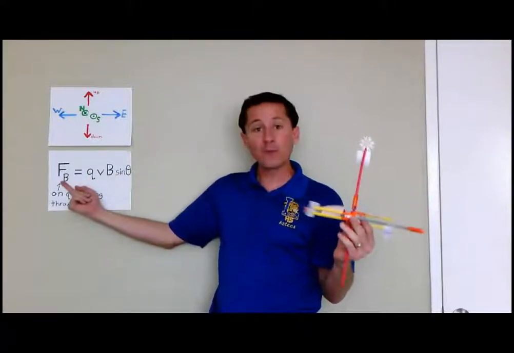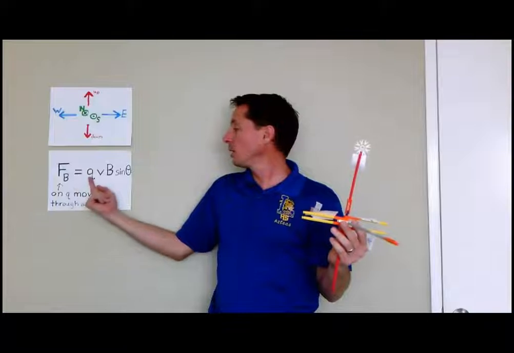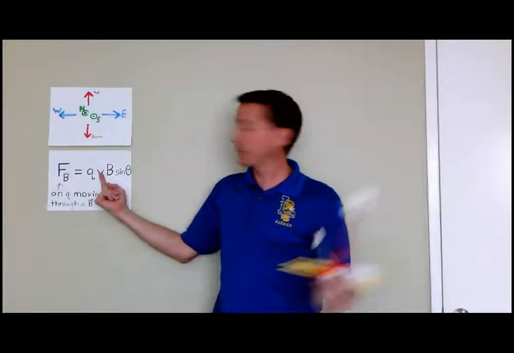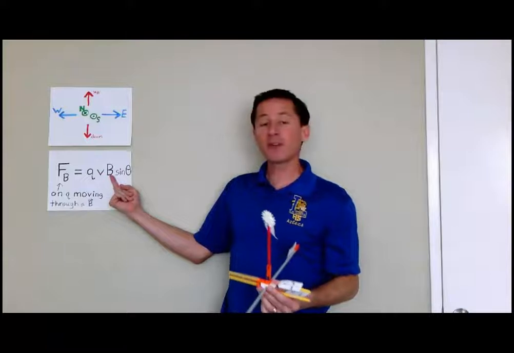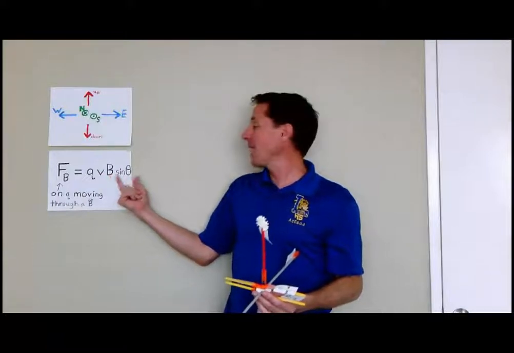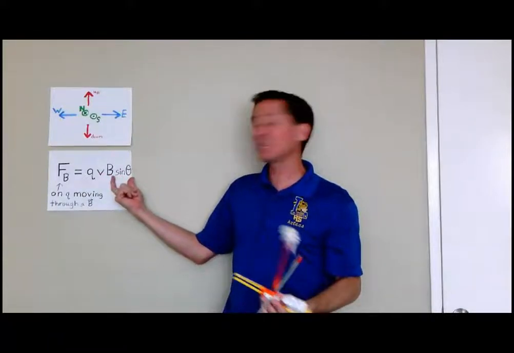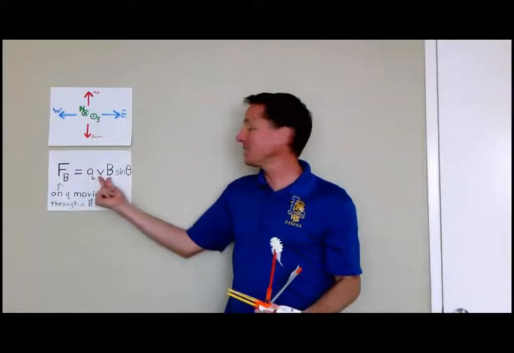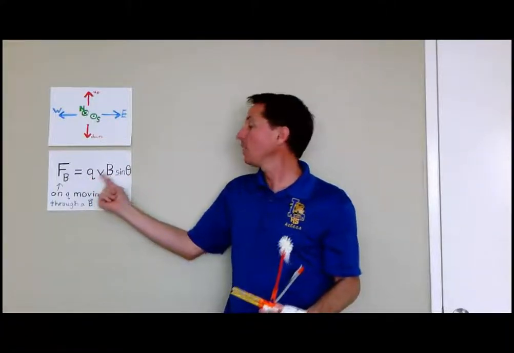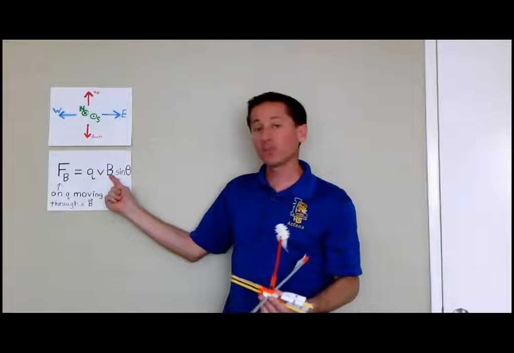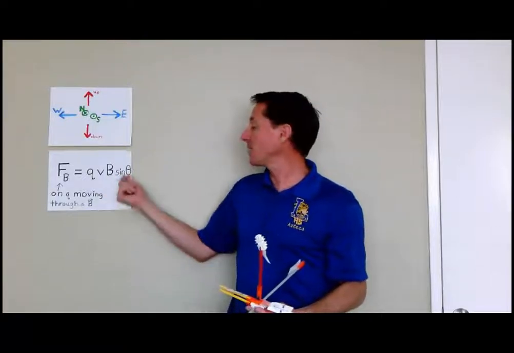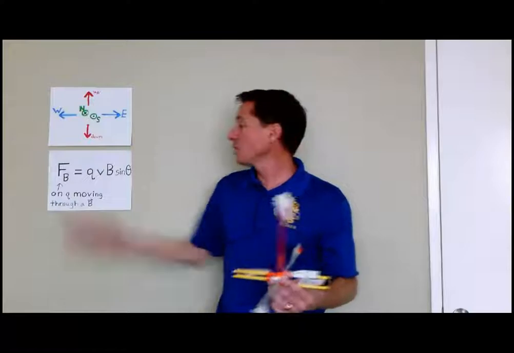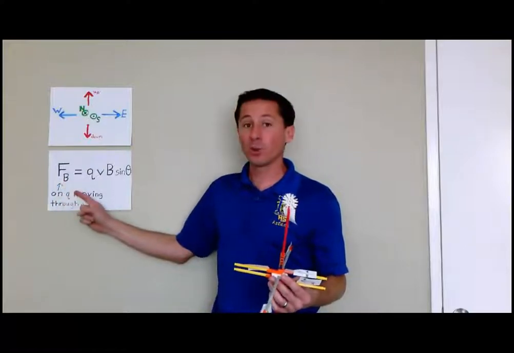The force in newtons will be equal to the charge in coulombs times its speed in meters per second times the strength of the magnetic field measured in Teslas, and then times, and some books leave this out, but it's really times the sine of the angle. And the angle is between these two, between the velocity and the direction of the magnetic field, okay? Many times they make the angle between them 90 degrees, but they don't have to be, and I'll show you that. So this is the strength of the force, okay?